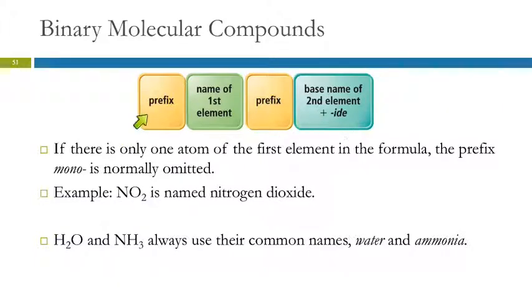If we strictly follow this pattern, the name of the first element is nitrogen, and the prefix for 1 nitrogen would be mono. And then oxygen, there's 2 of them, so the prefix is di, and you change oxygen into oxide. So you might expect this would be mononitrogen dioxide, but we frequently drop the mono on the first element.